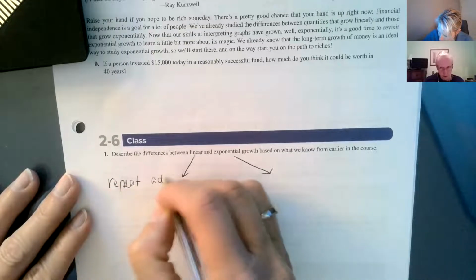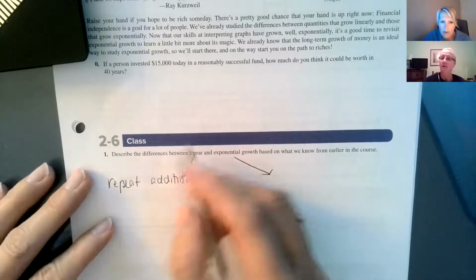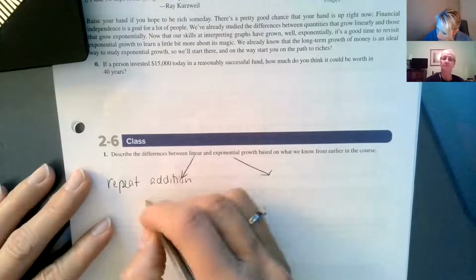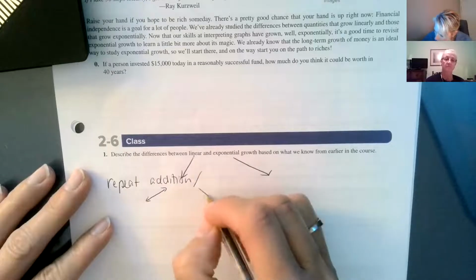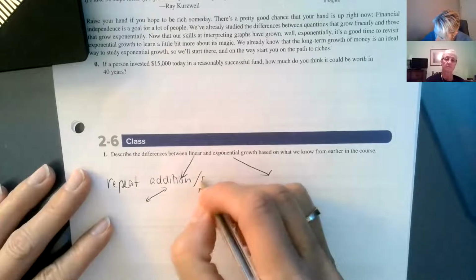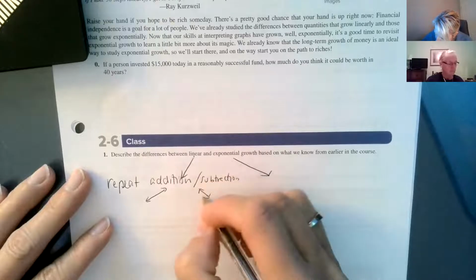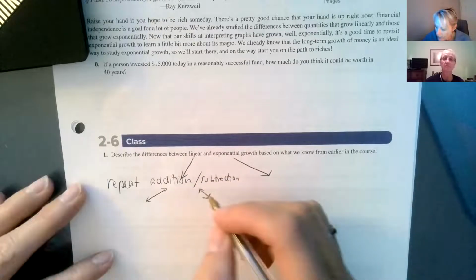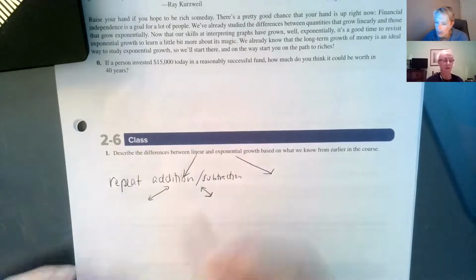Now, is that a subtraction as well? Okay. So if it's going uphill, it's going to be addition, right? And if it's going downhill, it'll be subtraction, which is a negative slope, right? That addition and subtraction is your slope, rate of change.